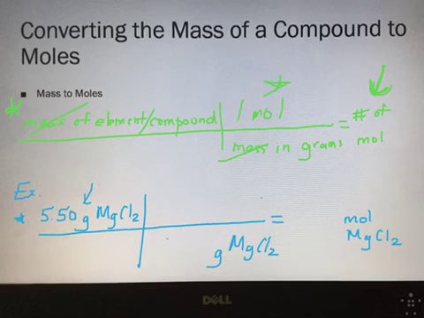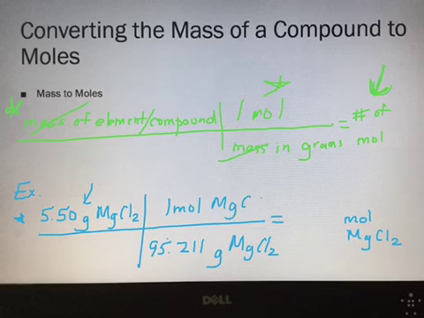And if you remember from earlier in the slideshow, the molar mass of magnesium chloride is 95.211 grams are in 1 mole of magnesium chloride. So, grams cancel, leaving me with moles, which is what I wanted.